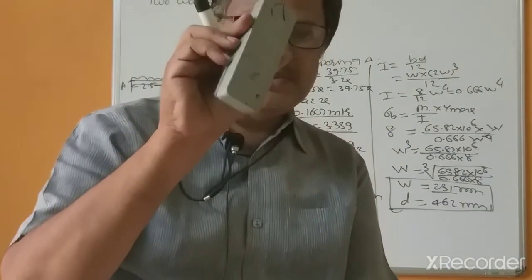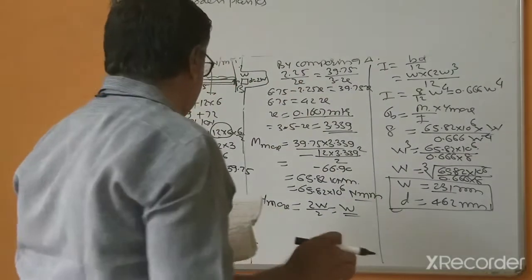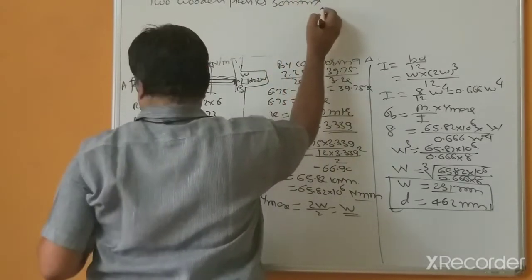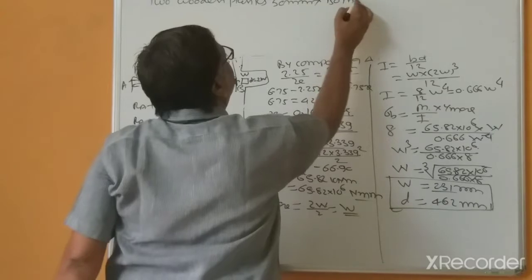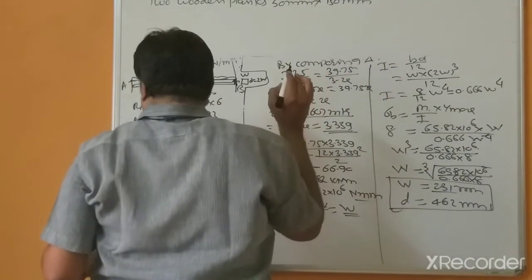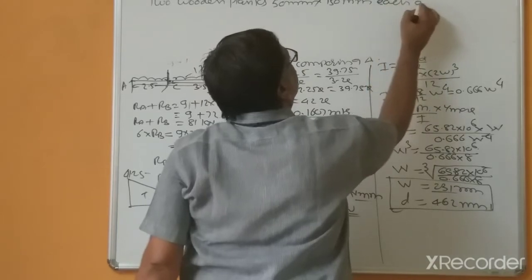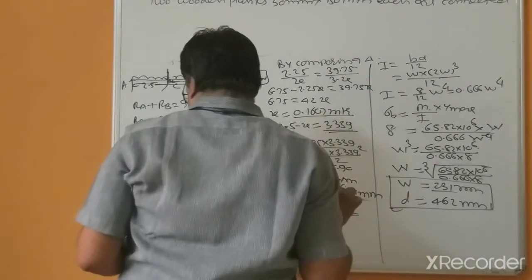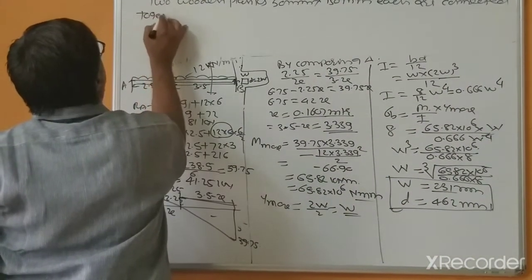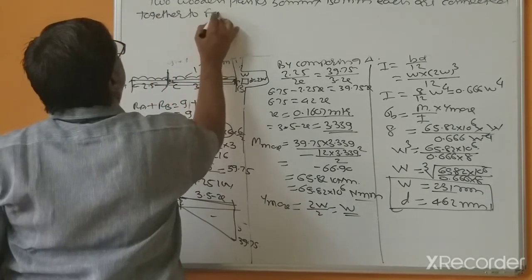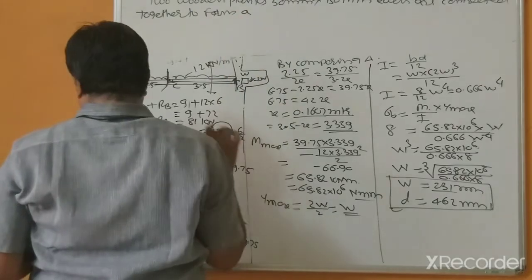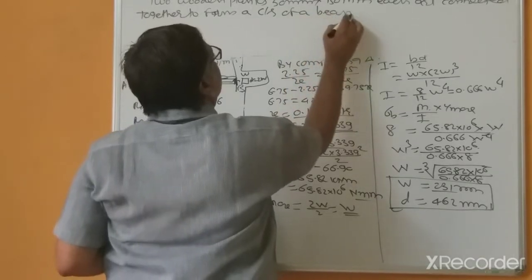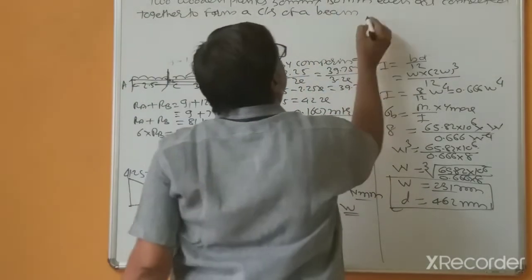So such type of block you can call planks. 50 mm by 150 mm each are connected together to form a cross section of a beam as shown in figure.